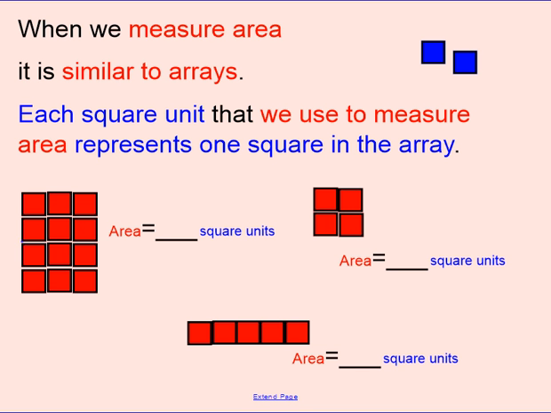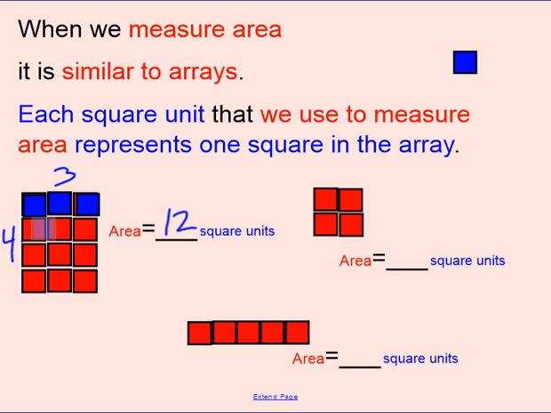So if you look at this array right here, this is a 3 by 4 array. And 3 times 4 equals 12. The third graders learned that mathematicians fill a space with square units.